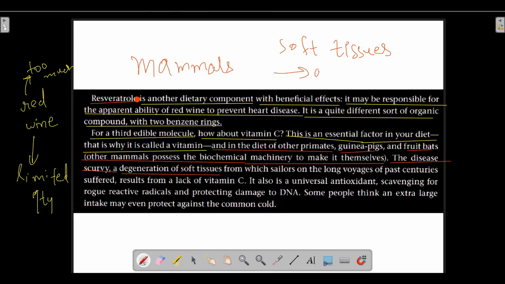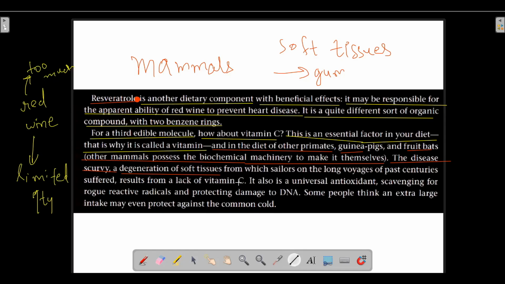For example, your gum tissues are very soft tissues. So a degeneration of soft tissues happens in the disease scurvy.